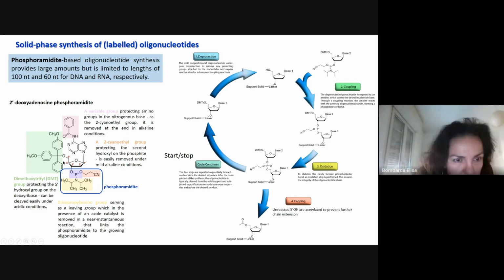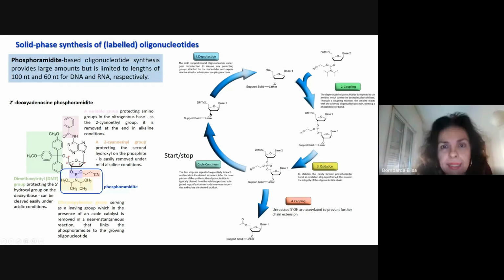So here you see you have the nucleobase with the bases and the sugar, where some groups initially are protected to reveal their reactivity only when it is required. And the key group is the phosphoramidite, which is this group here. And so these are the major steps.